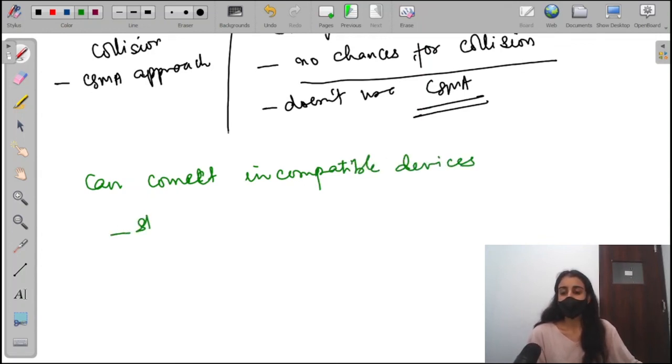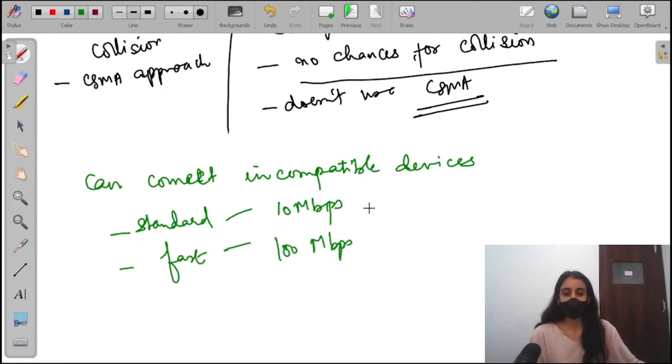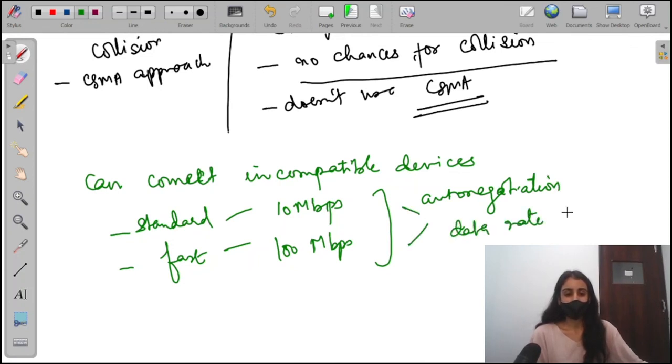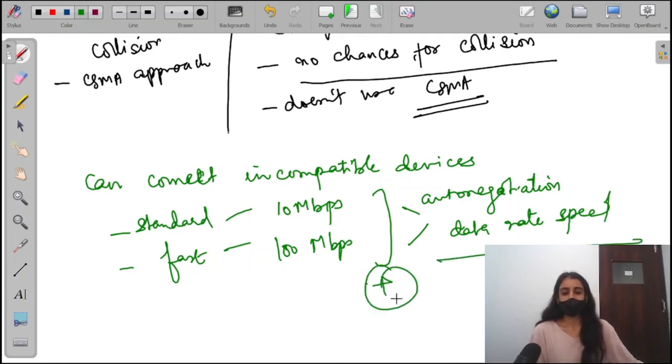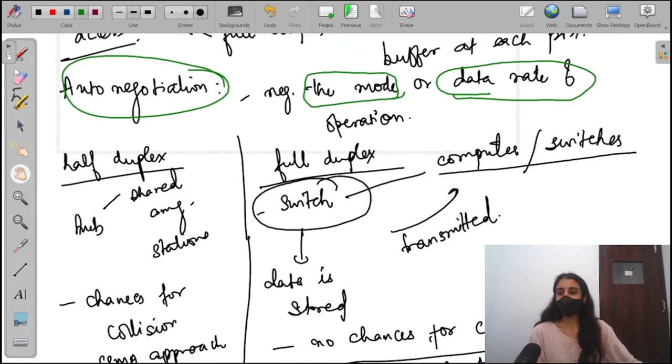For example, standard Ethernet has a data rate of 10 Mbps and Fast Ethernet has a data rate of 100 Mbps. Via auto negotiation, they can negotiate the data rate speed and get connected. So that was Fast Ethernet.